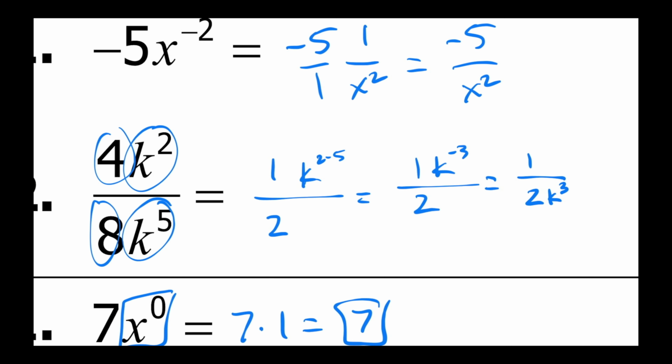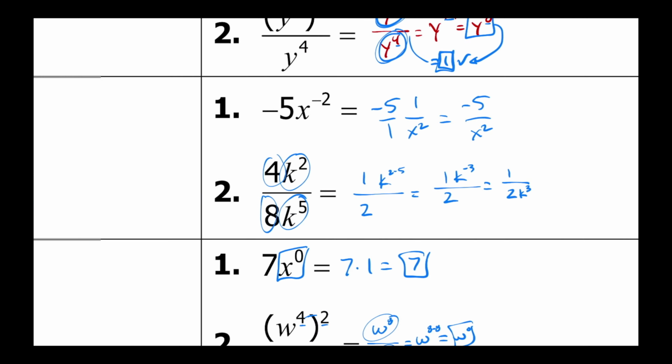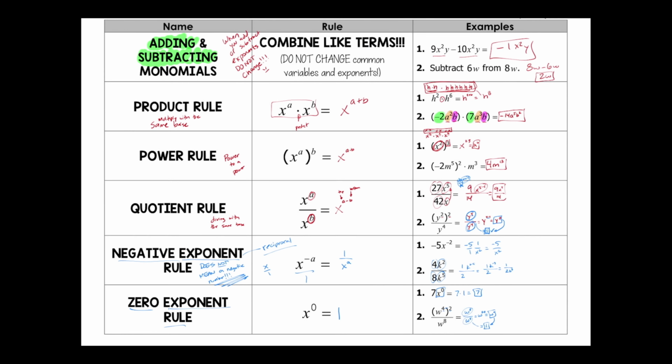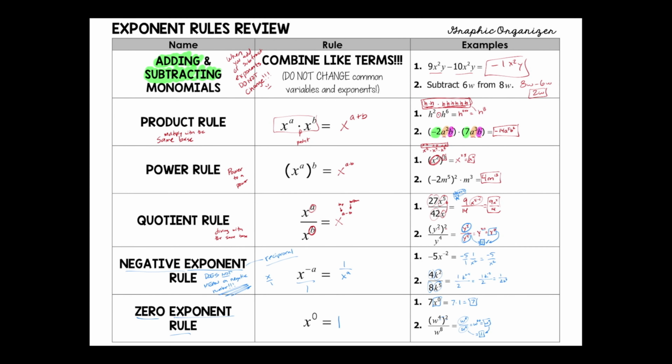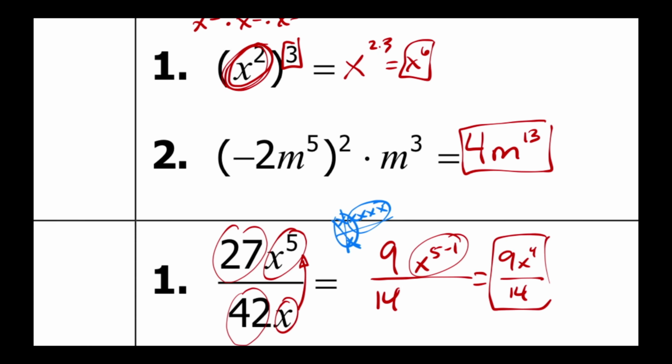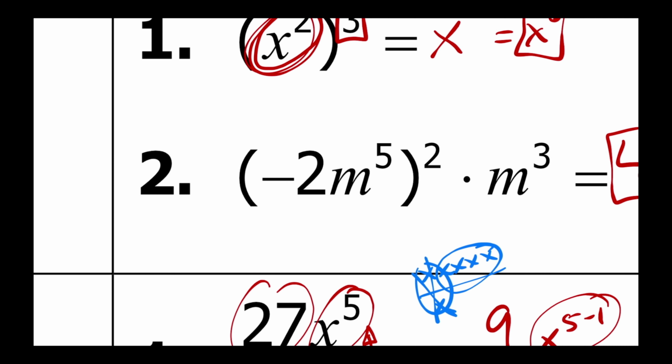Okay, any questions? So those are our exponent rules. Oh, one more rule that we had here. Really quick. If I have a product, like two things being multiplied, and I'm raising it to a power, each one of those gets that exponent.